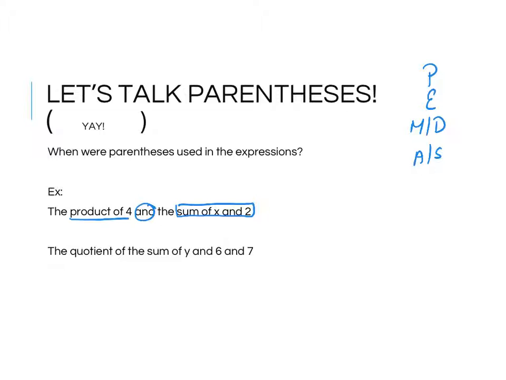So we're going to take x and 2, the sum means add, I'm going to add x and 2, and we're going to multiply this by 4. Product means multiply. So multiply 4 and the sum, so now we have to group this. So this sum of x and 2 was grouped, and we had to use parentheses.